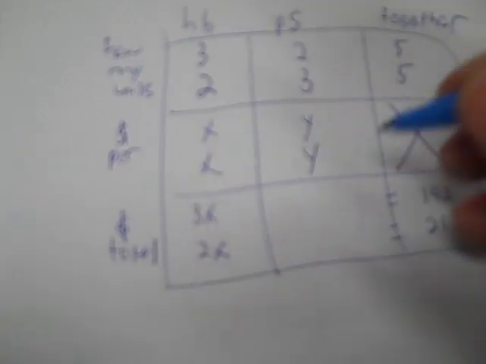We'll put X's and Y's. So it's going to be 3X and 2X, 2Y, 3Y. So you got 3X plus 2Y equals 192. Then you have 2X plus 3Y equals 213.